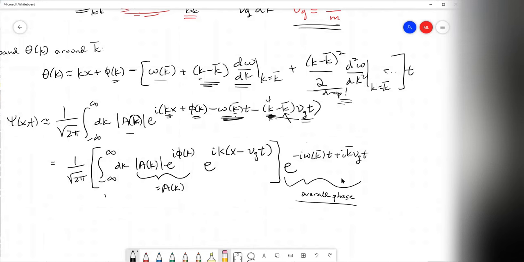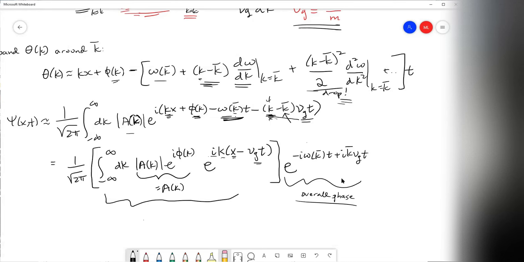And what this thing is, it's the inverse Fourier transform of the original wave function, except not evaluated at x, but evaluated at x minus v_g t.